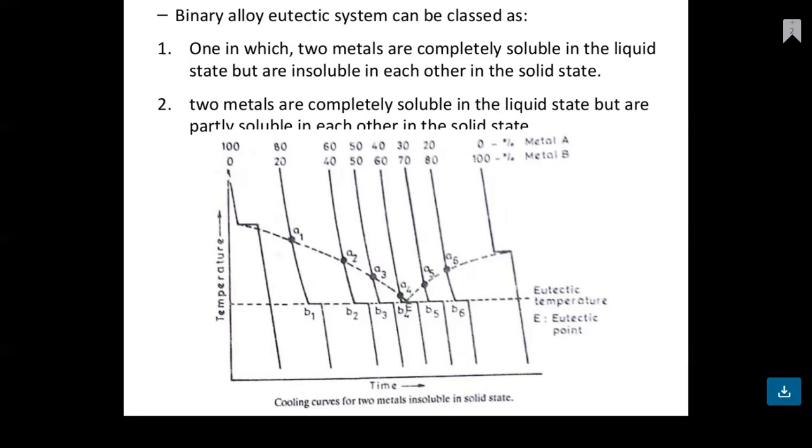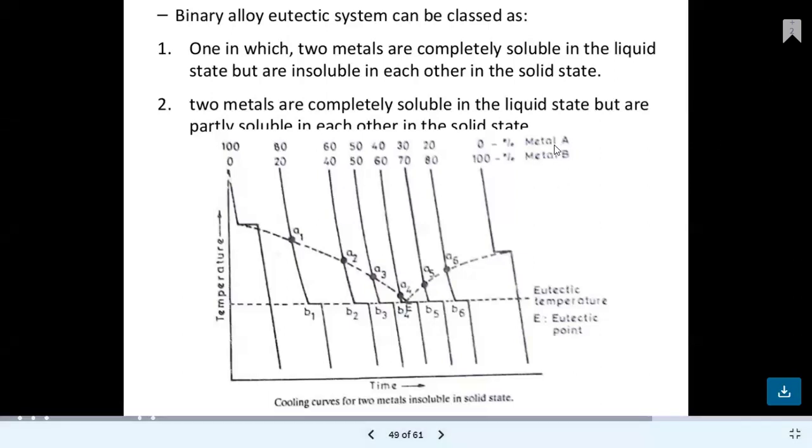The second is where two metals are completely soluble in the liquid state but are partly soluble in each other in the solid state. Again, this is a temperature versus composition diagram. This is percentage of metal A, percentage of metal B. This is eutectic temperature E at the eutectic point.